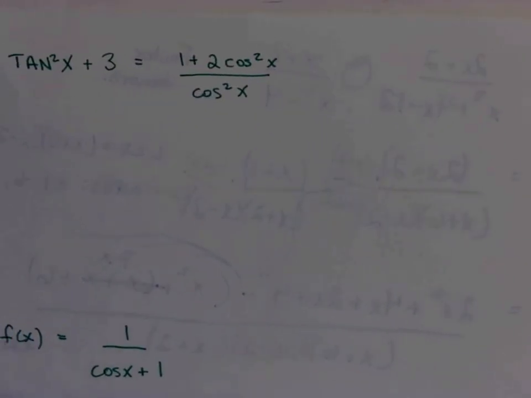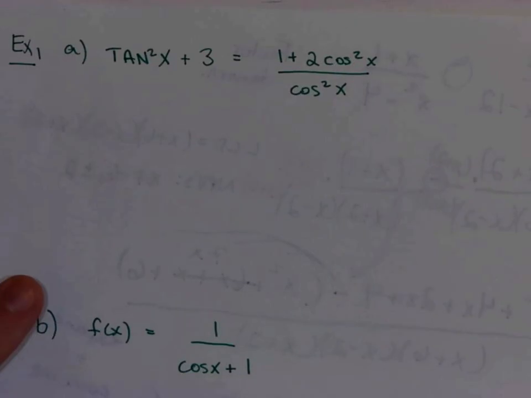Okay, so let's look at it in terms of trigonometry. So I'm going to use the bottom of your guys' sheet there, and let's take a look at example 1a first. So for example 1a, we have tan squared x plus 3 is equal to 1 plus 2 cos squared x over cos squared x.